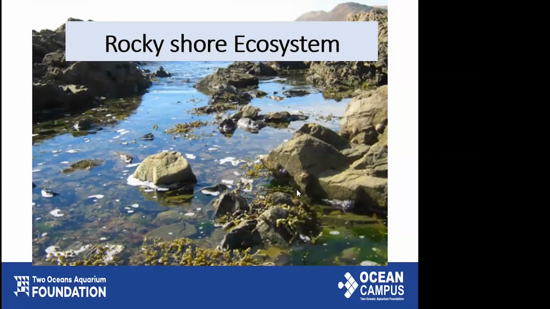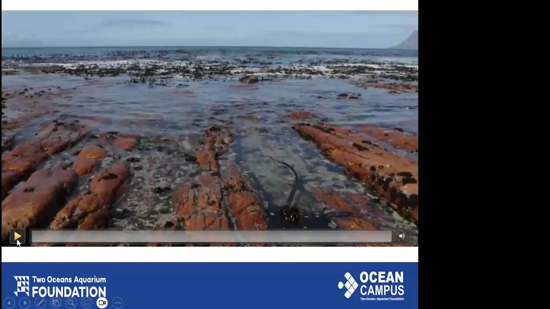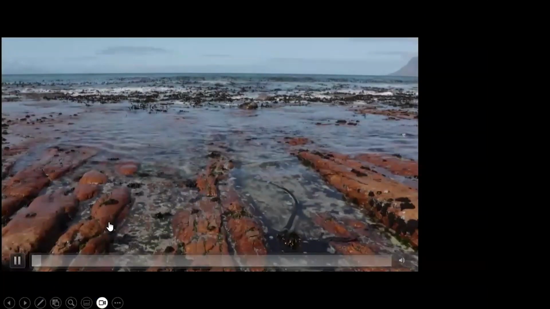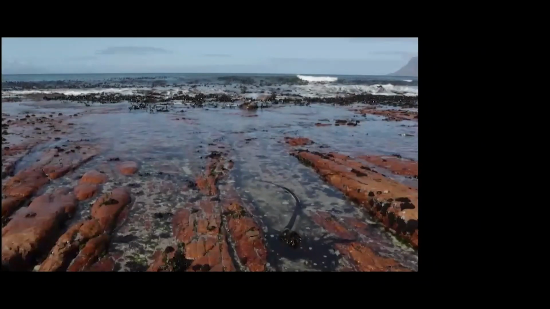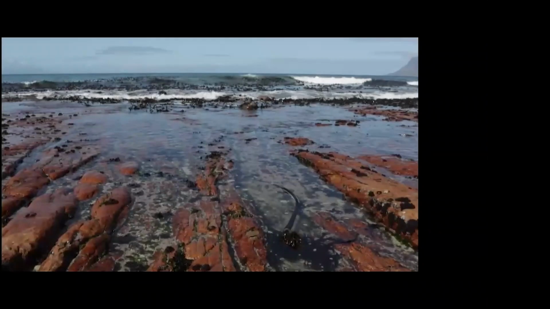Right, so this is the first ecosystem that we're going to be looking at in a bit more detail, the rocky shore ecosystem. And sometimes it looks like this, and other times it is covered by water. So this was at Delbrook last week when we went down to do a bit of recording. So you can see the tide slowly coming in.